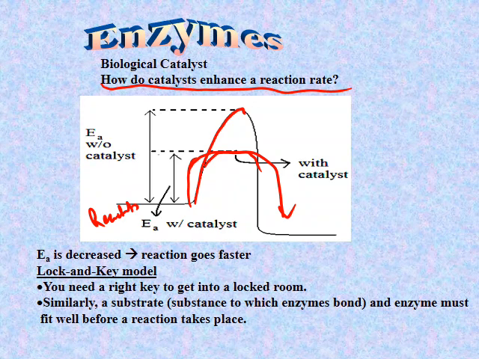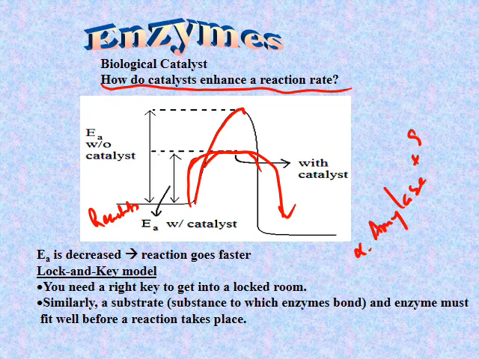Now you have probably heard about the lock and key model of enzymes. Basically, an enzyme doesn't work on anything and everything. There are specific enzymes or specific catalysts that only help in specific reactions. I often give this example: in our saliva we have alpha amylase that breaks down starch into glucose, which finally goes to our bloodstream and gives us energy. This is a catalyst, keep in mind.